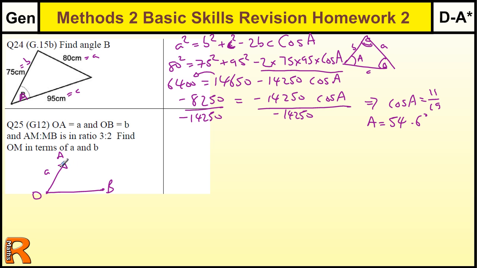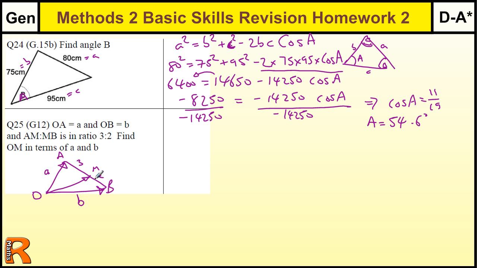A is going to be the vector that goes from O to A, B is the vector that goes from O to B, AB is the line between A and B, and AM to MB is in the ratio 3 to 2, so I've got a point M along that line where this is 3 and this is 2, and I want to find OM, O to M, in terms of A and B. Well, I need to go along the lines I've drawn, not this OM line.